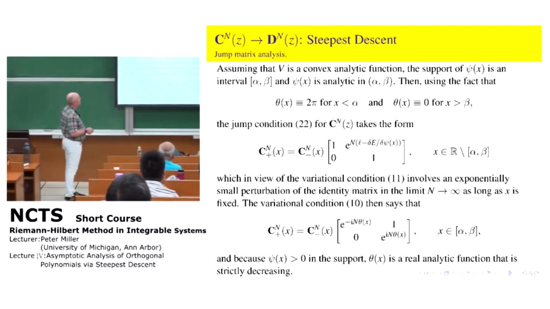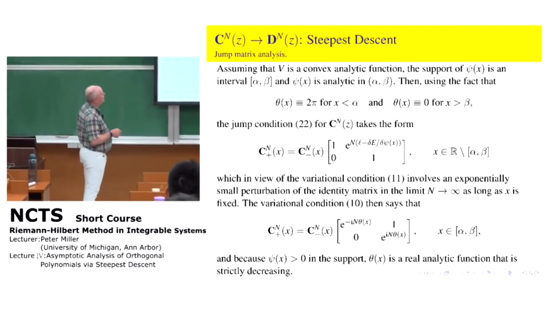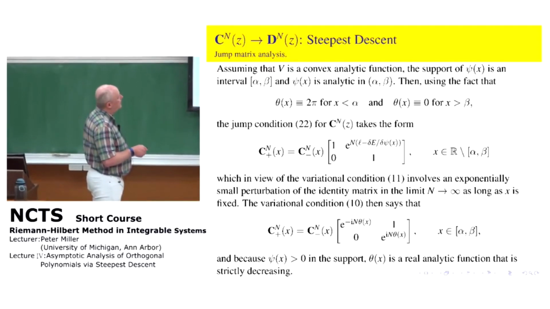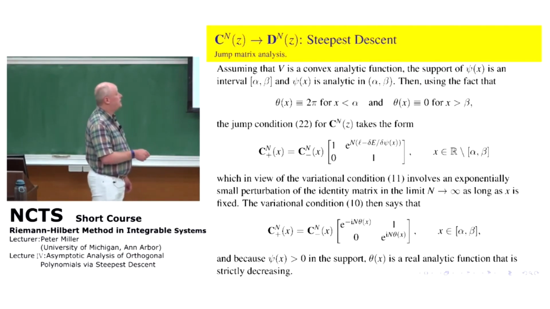All right. So anyway, that means that if we're outside of the support, then these e to the i thetas are both equal to 1, and we have this thing. And that one is exponentially small because this L minus delta E is a negative quantity. So this is an exponentially small perturbation of the identity jump matrix, as n goes to infinity, as long as x is fixed outside the support.